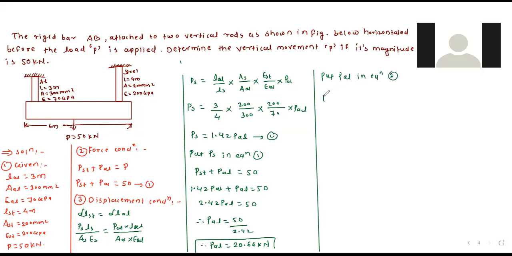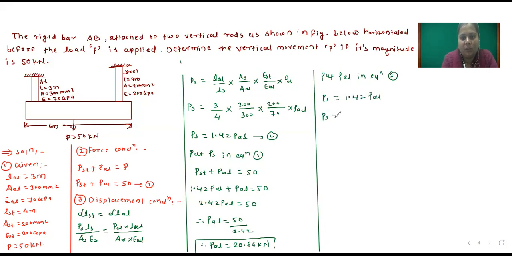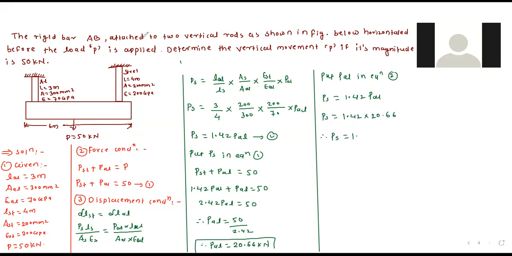P steel is equal to 1.42 P aluminum. So P steel is equal to 1.42 into 20.66. Therefore, P steel is equal to how much? 29.33.